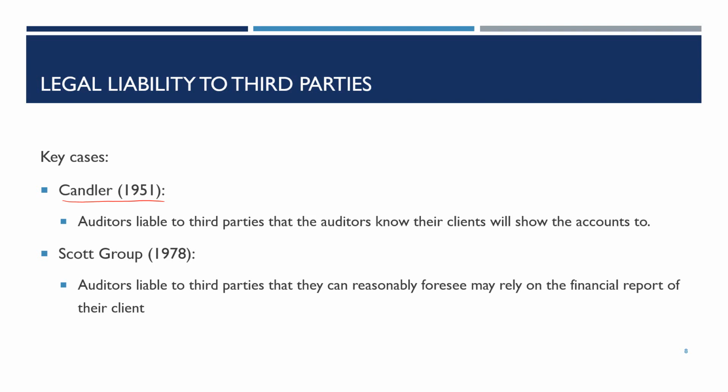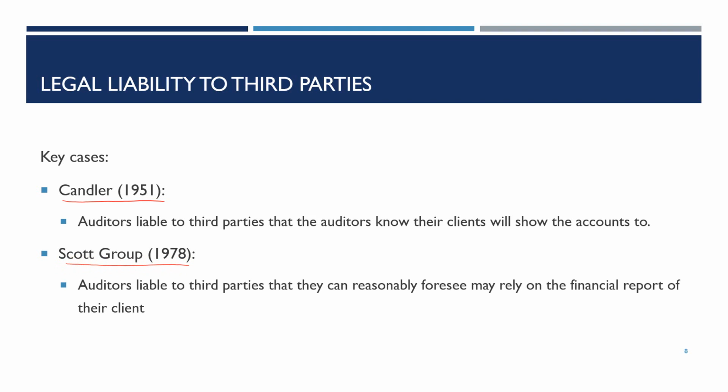This is where the term reasonable foresight comes in. So the result of this was a little bit different from the previous case. This was established in the Scott Group case, where the Scott Group relied on an audited report in formulating a takeover.